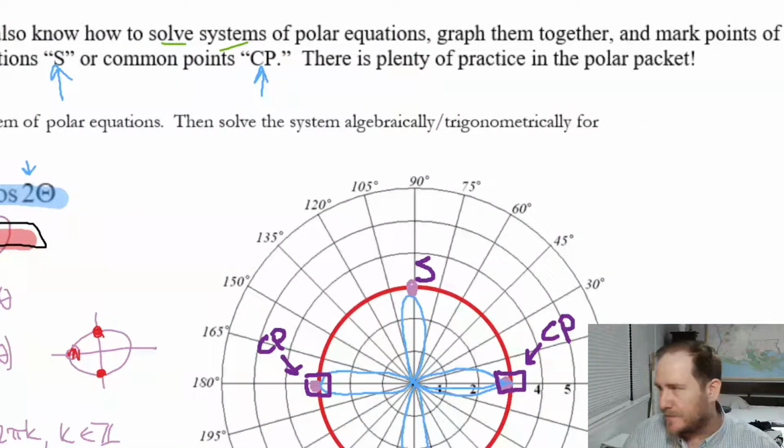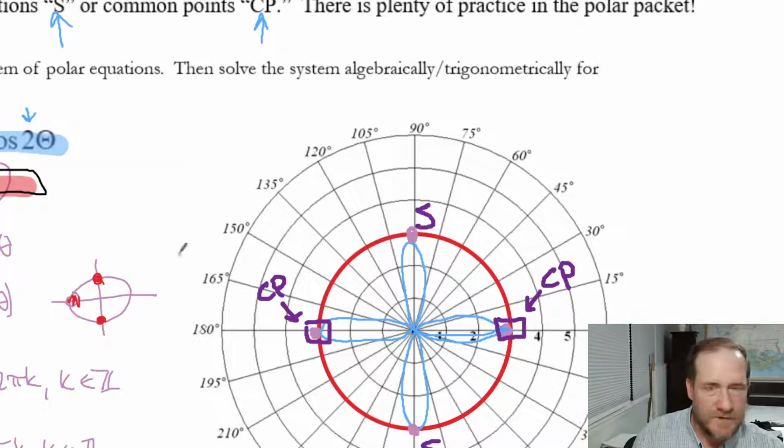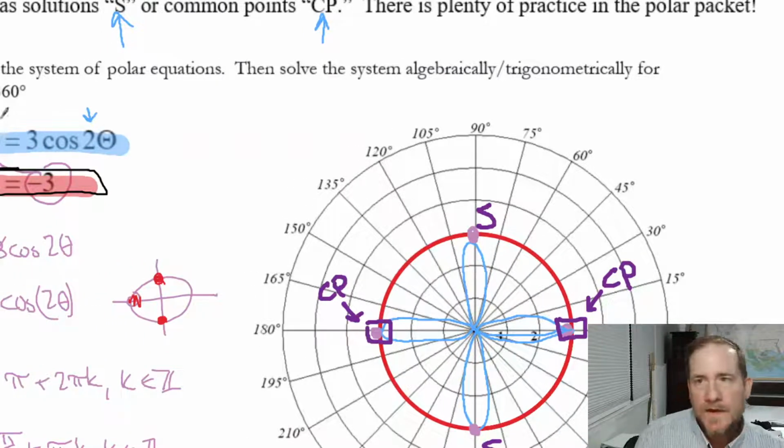So graphing r equals -3 was a piece of cake because it's just literally a circle with radius 3. So the red guy's easy. Then the other guy was 3 cosine 2 theta. The 2 there tells you that we're talking about a rose.